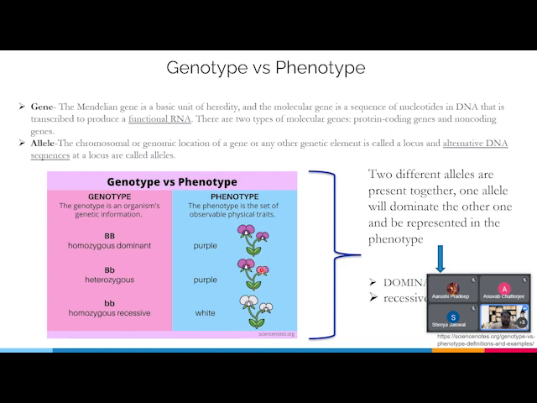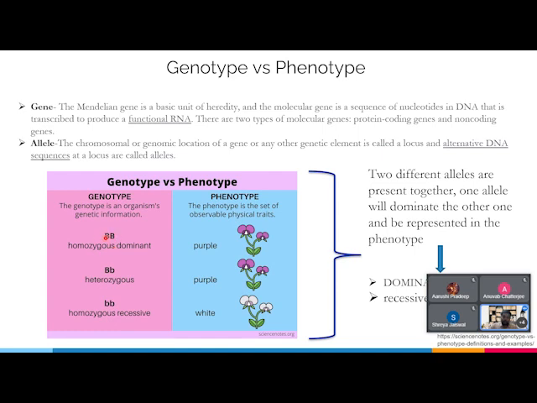The one being expressed is known as the dominant allele, and the one that is being suppressed is known as the recessive allele. And the dominant allele is given by capital B, the recessive one is given by small b.